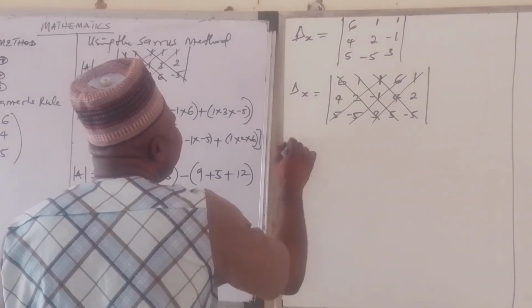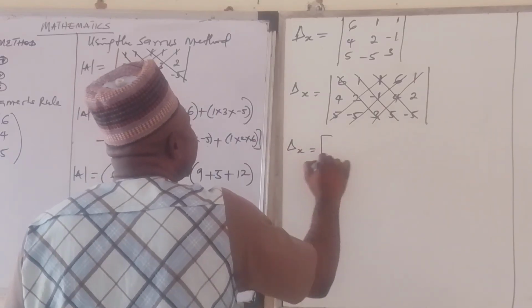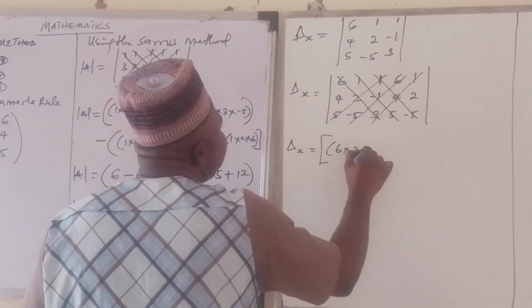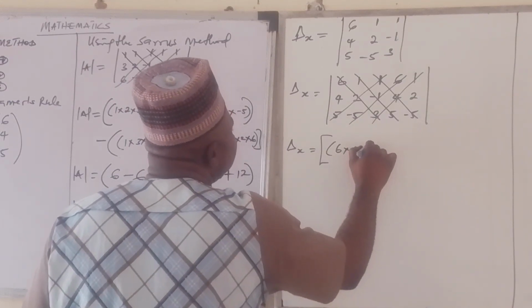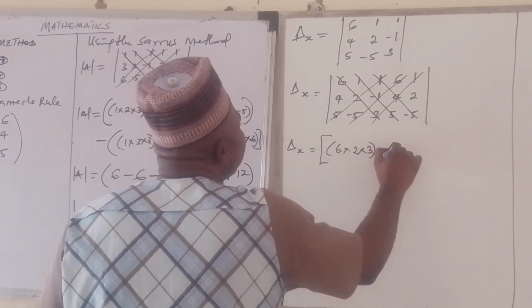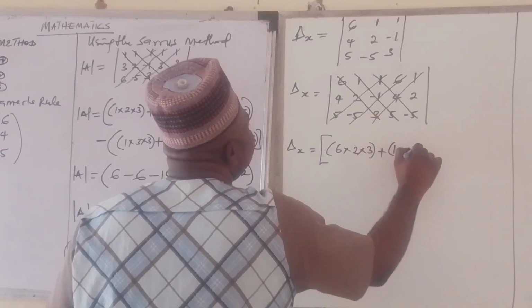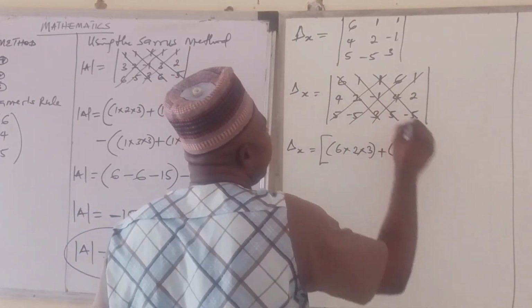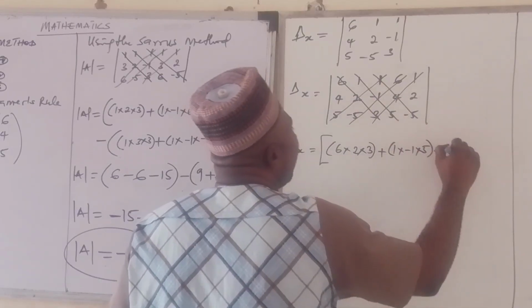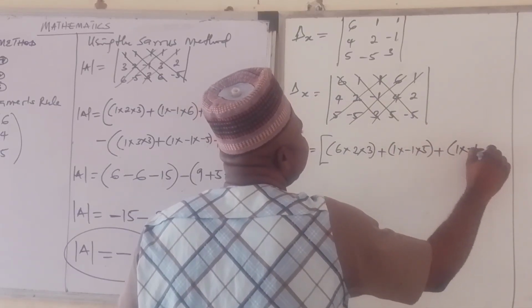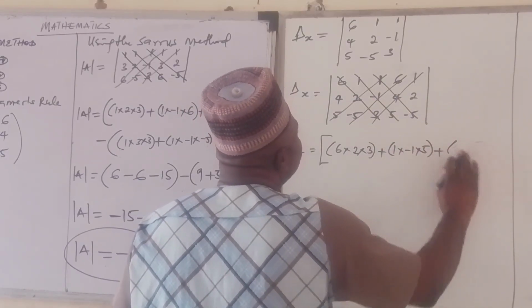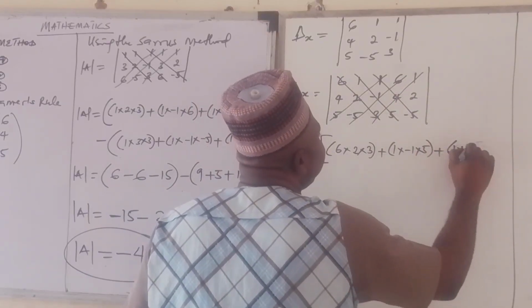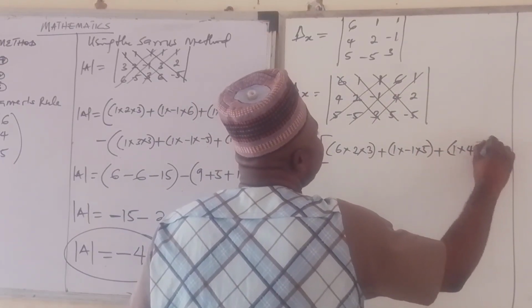So the determinant of X will be equal to 6 times 2 times 3, plus 1 times minus 1 times 5, plus 1 times 4 times minus 5.